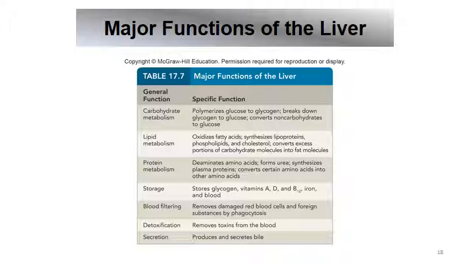Blood filtering as well, it's able to remove old red blood cells, damaged red blood cells, and also any foreign substances. Detoxification removes the toxins from the blood, and in the secretion part, it produces and then sends the bile to the gallbladder. But if the gallbladder is removed, then the bile just goes directly to the small intestine. It doesn't stop at the gallbladder.